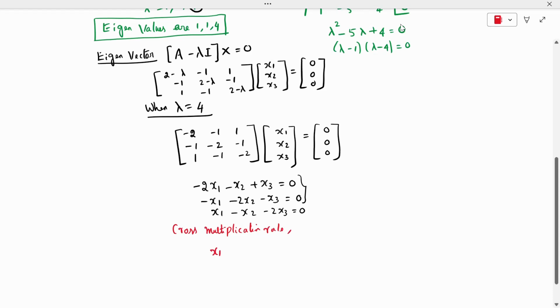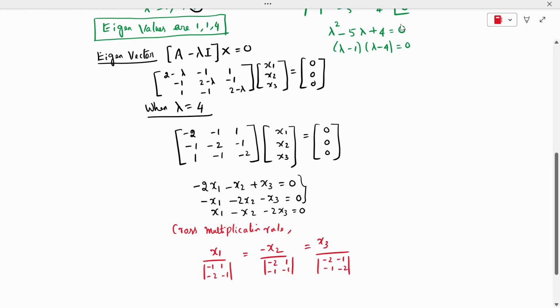So x1, minus x2, x3. For x1, don't consider the x1 column; take the remaining in determinant format: minus 1, 1, minus 2, minus 1. For x2: minus 2, 1, minus 1, minus 1. For x3: minus 2, minus 1, minus 1, minus 2.